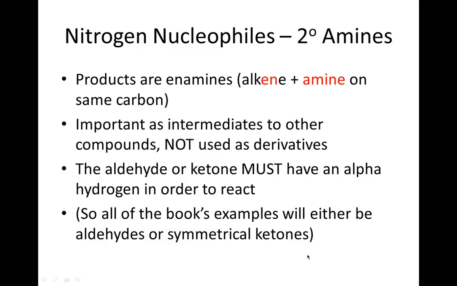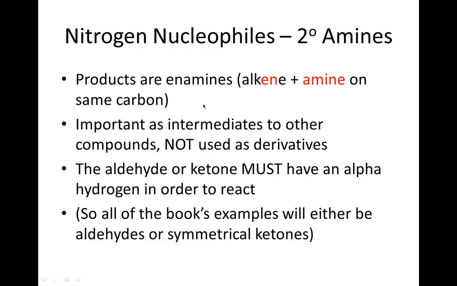Alright, so I said the nitrogen nucleophiles that are secondary amines, we would look at those separately, and the products are going to be a little bit different, and we'll see why when we look at some pictures. But the products are going to be called enamines, and this name comes from a combination of alkene and amine on the same carbon.